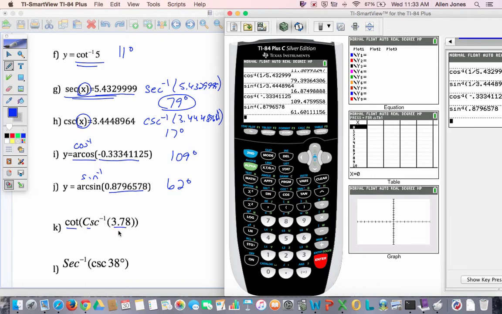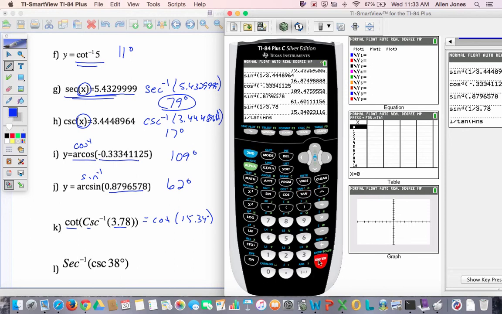A couple of complex ones down here, what I'll call compound, because we have two functions here. I'm going to go one step at a time. So I'm going to start inside the parentheses, the inverse cosecant here, inverse cosecant of 3.78. That tells me 3.78 is a ratio. So inverse sine of 1 divided by 3.78 gives me an angle of about 15.34 degrees. So now we're finding the cotangent of 15.34 degrees.